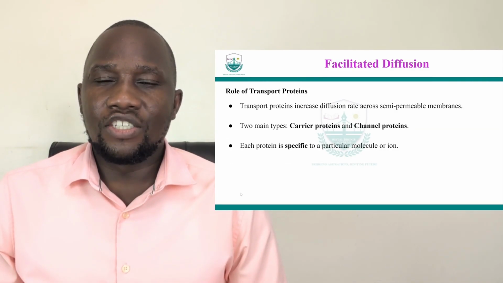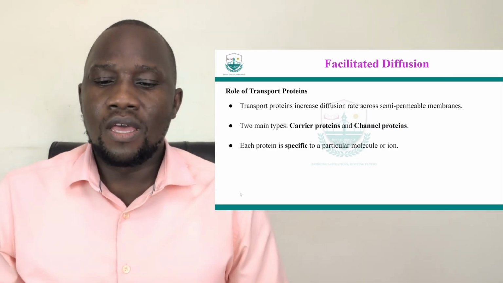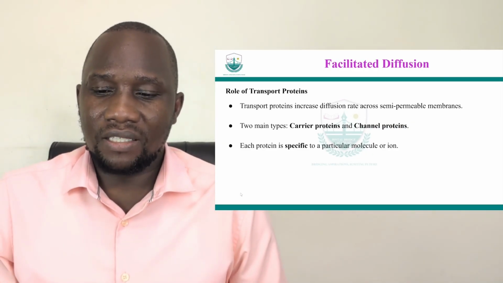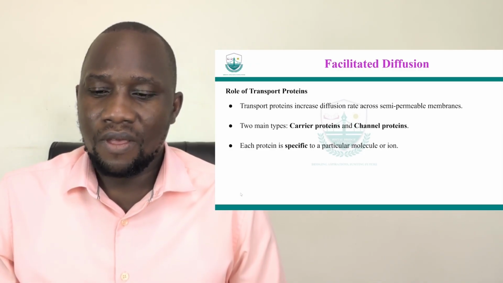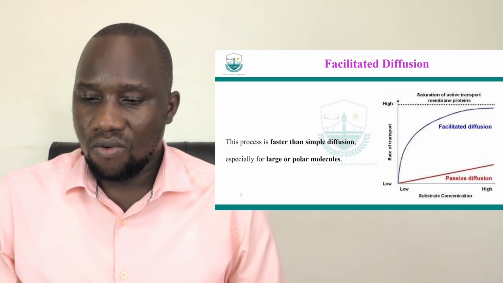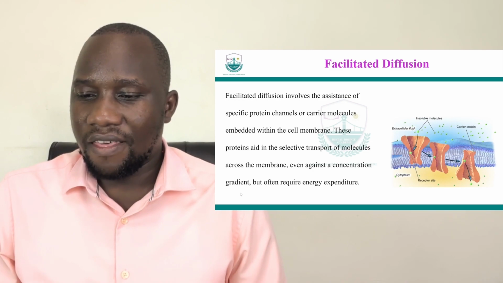The key thing is that you can categorize these special protein carriers into two: carrier proteins and then channel proteins. Both of these are actually proteins. If you look at this image here, we have a carrier protein there.